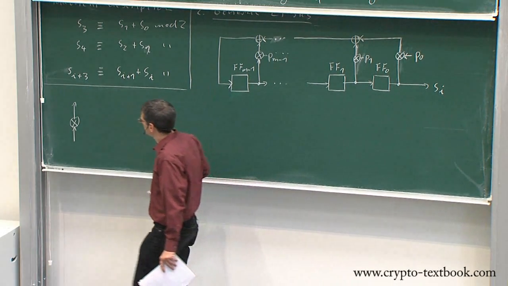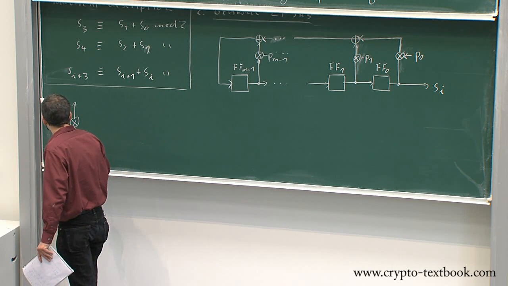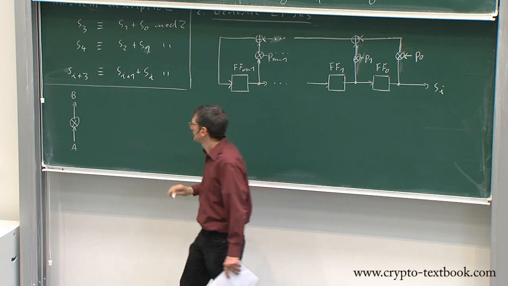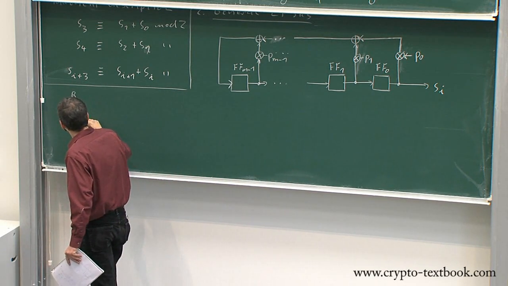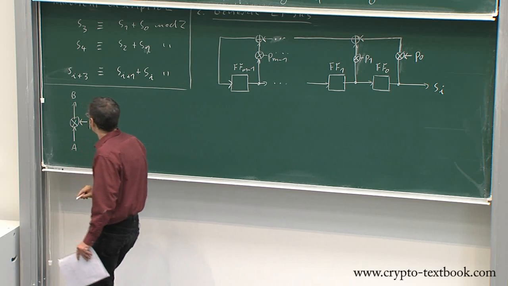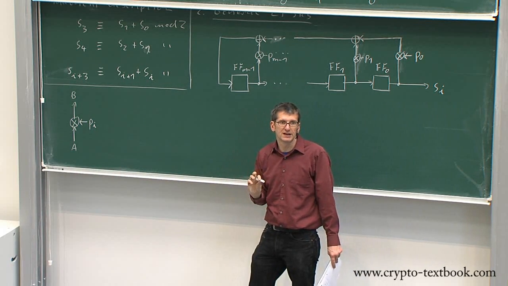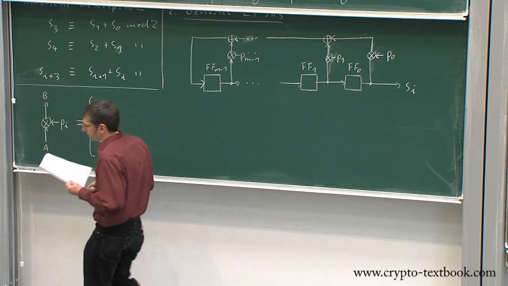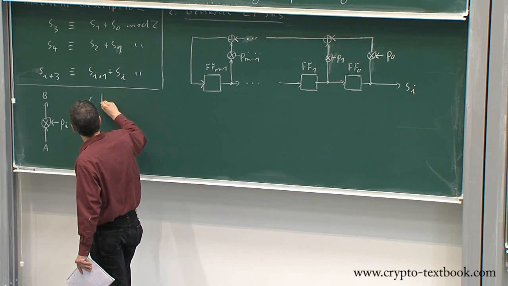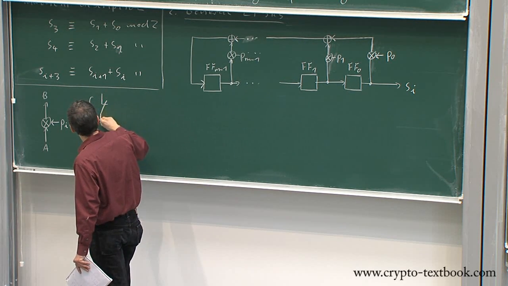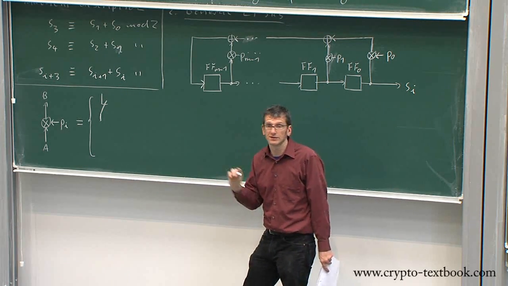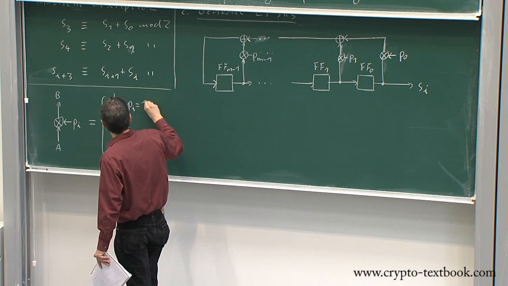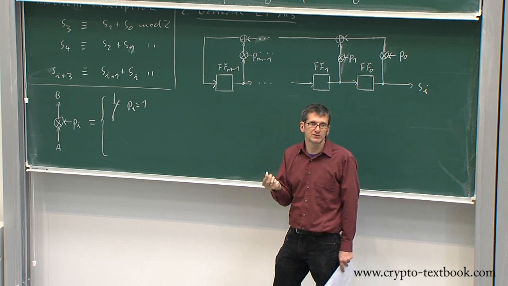Say A and B are input and output, and we have one of these variables Pi here. This behaves like a closed switch, geschlossener Schalter, if this P variable has a value 1.